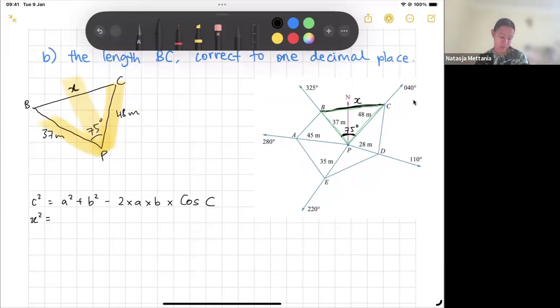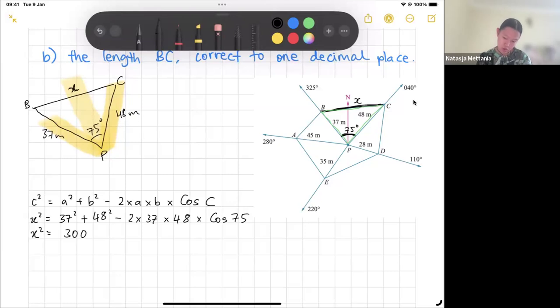So it's going to be 37 squared plus 48 squared minus 2 times 37 times 48 times cos of my angle, 75. Put that into your calculator, and what you should get is 3002.141035, which is equal to x squared.